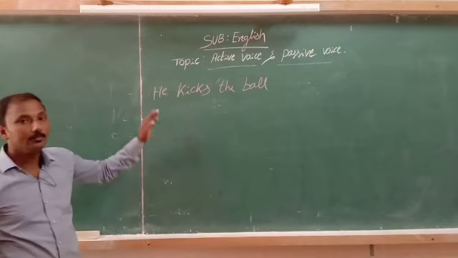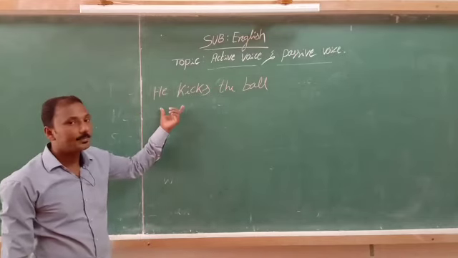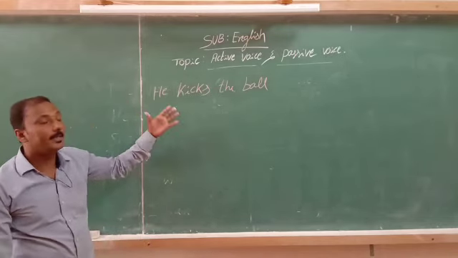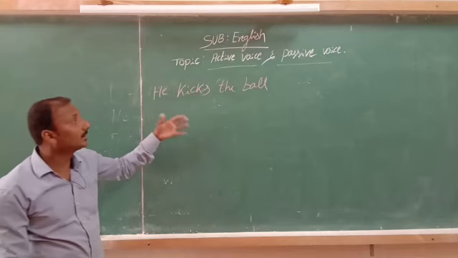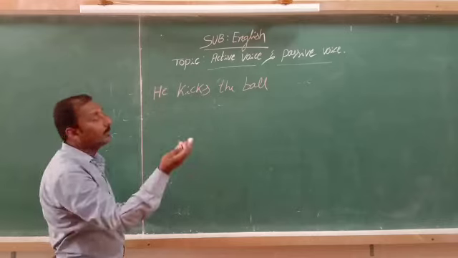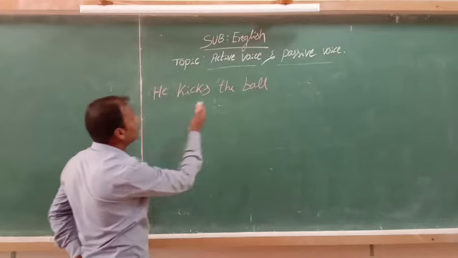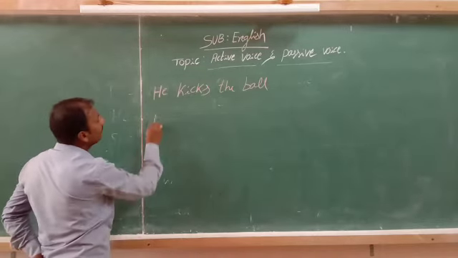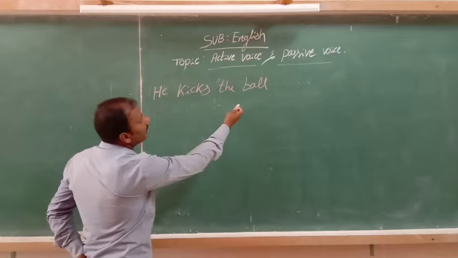He kicks the ball. So this is the sentence, and how to change it into the passive? You already know that the subject becomes the object, and the object becomes the subject. The subject is he, the object is the ball.